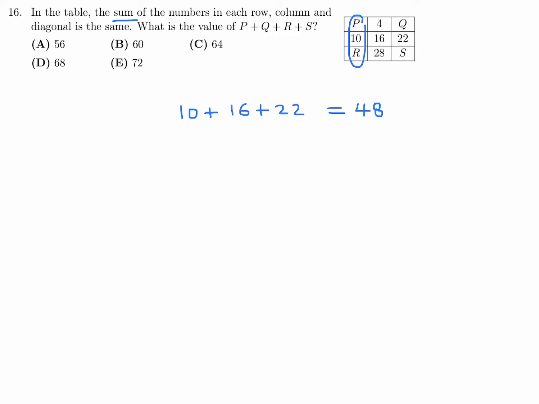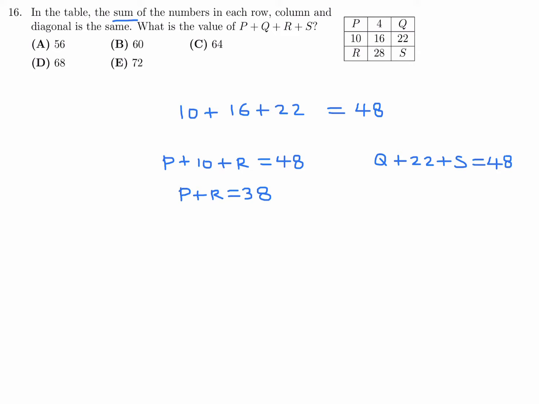So that basically means that this column here, P plus 10 plus R, is equal to 48. So that means P plus R is equal to 38. And similarly, this column right here, Q plus 22 plus S, is also equal to 48.